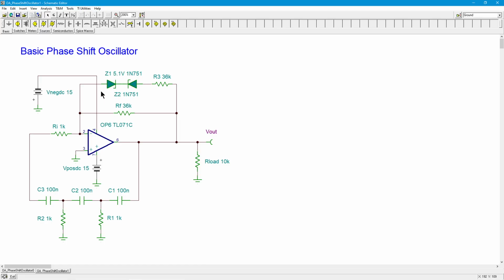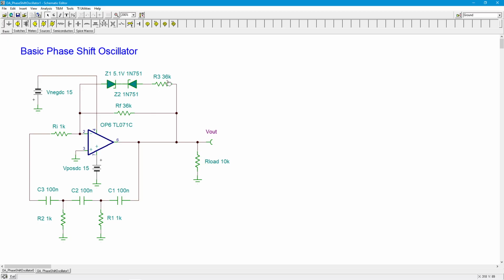So when the signal gets up somewhere in that several volt range, what's going to happen is, let's say we have a current going in this direction, right? A plus to minus. This Zener is going to be forward biased, and this will go into Zener conduction. Now, at a really small voltage, in other words, if we only have a few tenths of a volt across RF, these things are off.